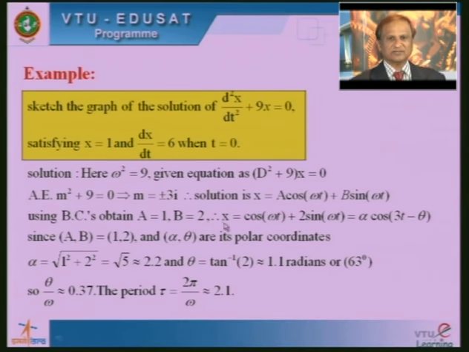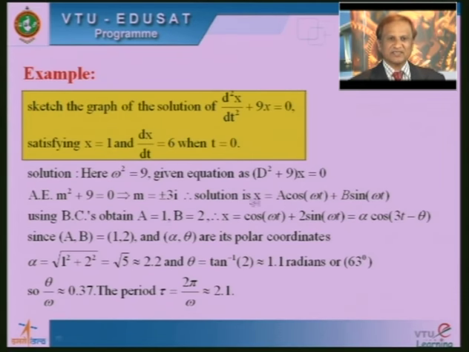So, you will get the value of b. Then we can obtain the values of the arbitrary constants a and b and substitute them in the solution. This is a solution containing a and b as arbitrary constants.